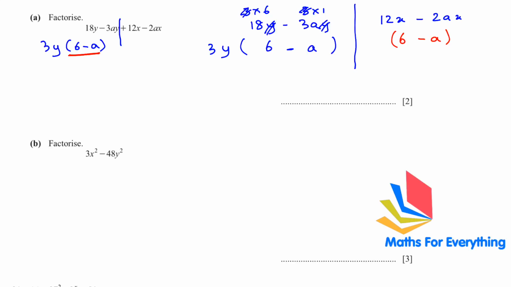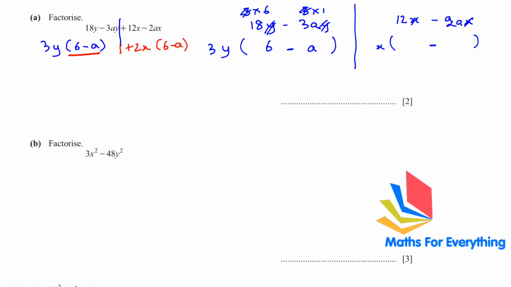So what is common you can see? X is common. And to find the number out, you can divide this first term by the first term here. 12 divided by 6, 2x. So we will have plus 2x, 6 minus a. This was a shorter way of doing it. The other way is like the way we factorized before. So you have 12x minus 2ax. Put a bracket and you can see that the x is common.